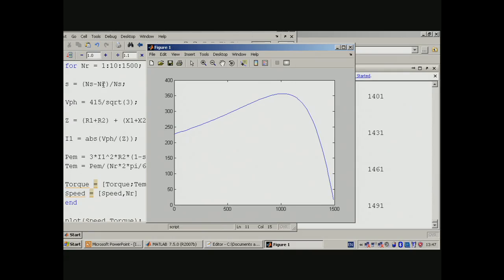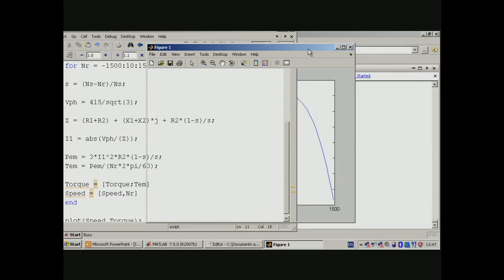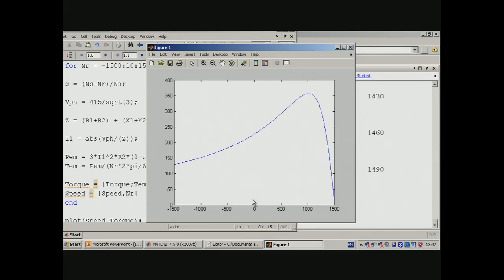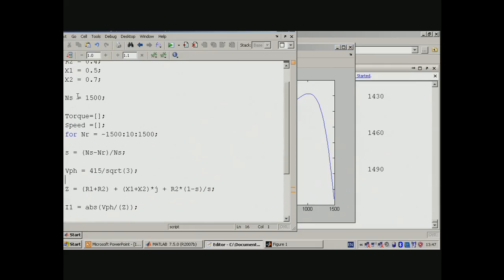You can even go to negative speed as well, so let's say from negative 1500 to positive 1500. This is 0, and that's the variation of torque with speed, and this is the starting condition around here. If you were to reverse the synchronous speed, say by interchanging the phase connections, then that will be negative.